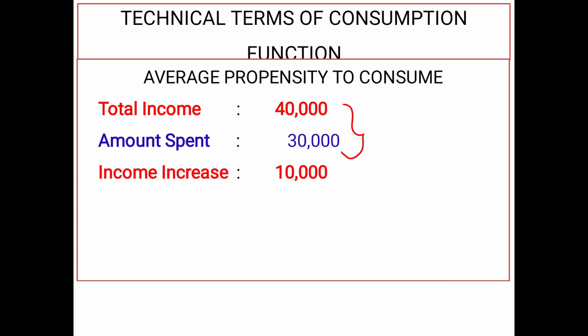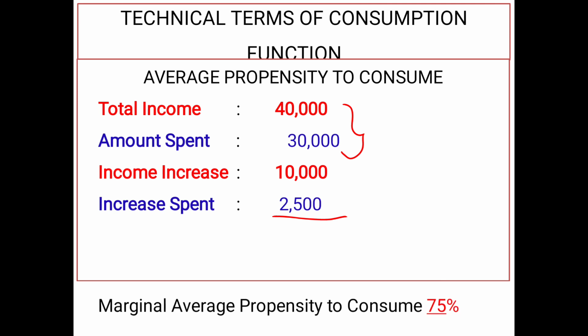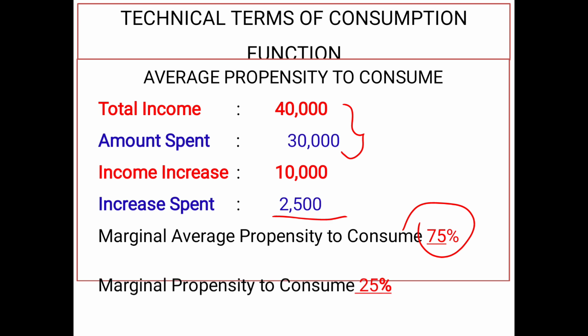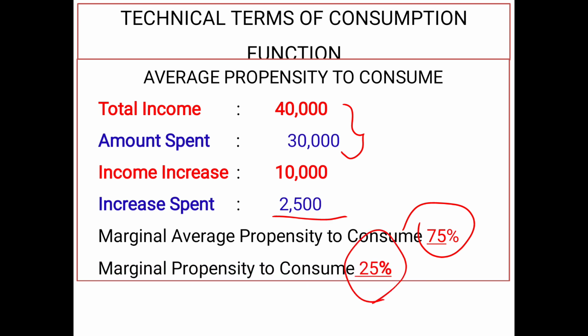Now your income has increased. Now your increased spending is about 2,500. So what is the average propensity to consume? It is 75%. And how much is the marginal propensity to consume? It is supposed to be 25%. How we have to calculate this, I will teach you.